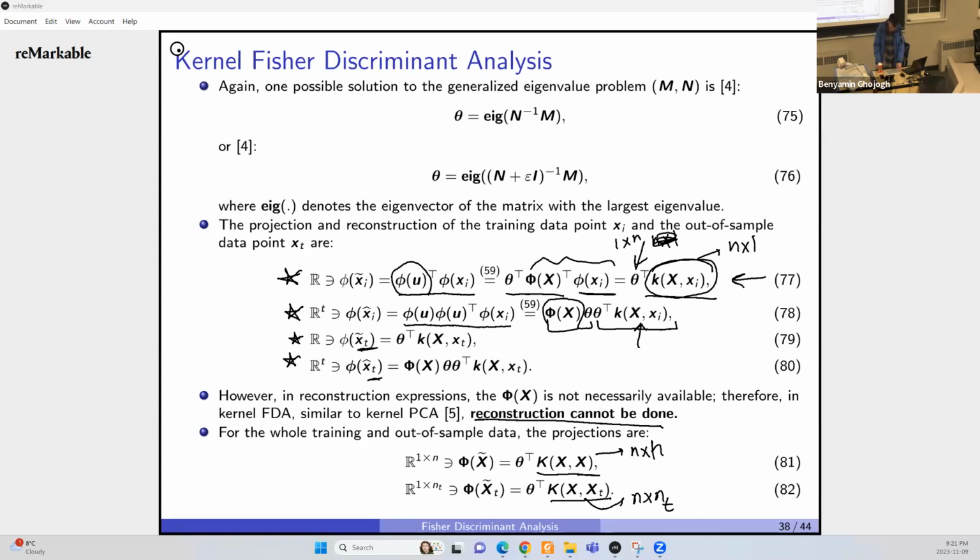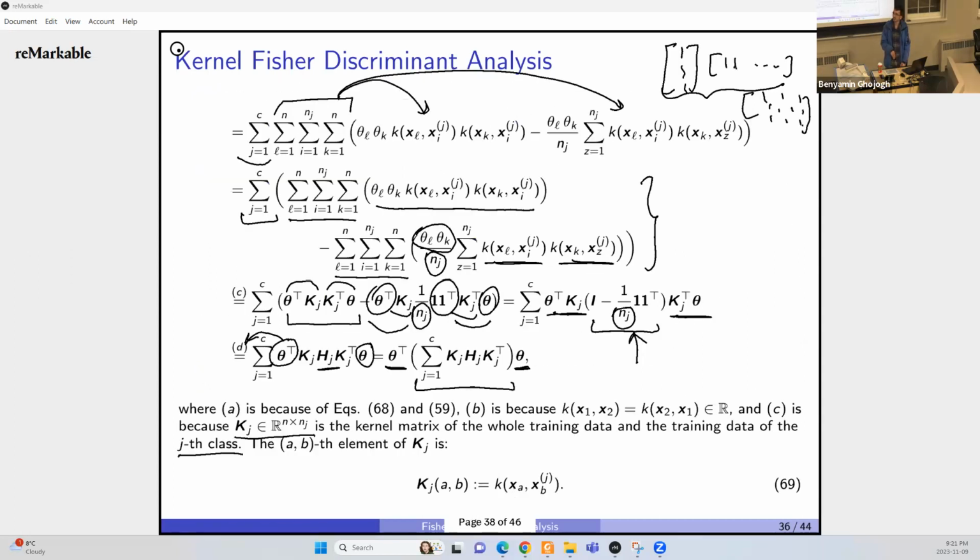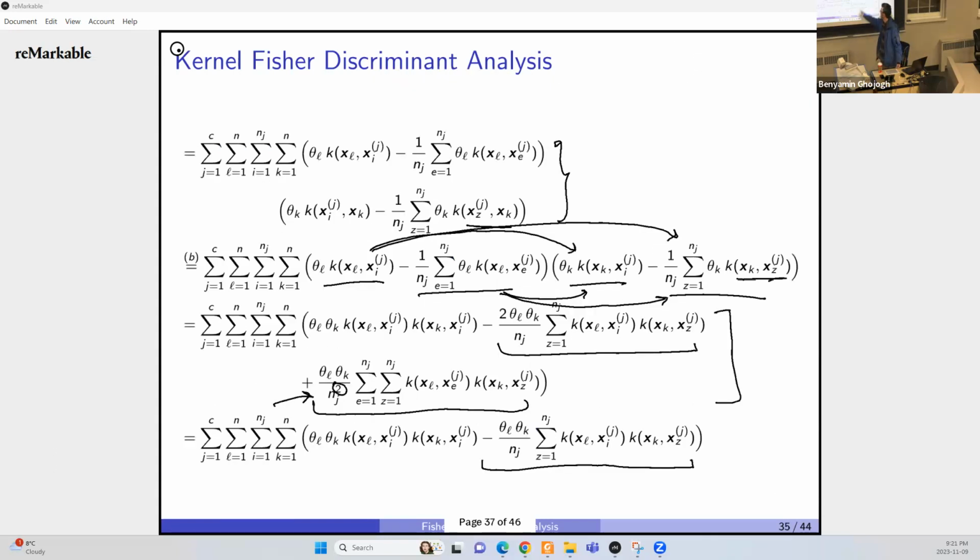By the way, I hope you understand the value of this, because when you read the paper of kernel FDA, you don't see all of these details. I've explained all of these steps for you to understand what's going on. Otherwise, by reading the paper of kernel FDA, you will not find out what's going on.